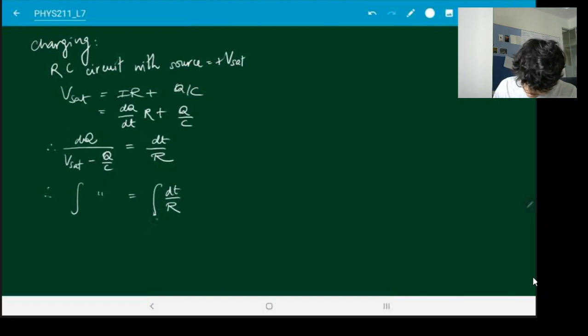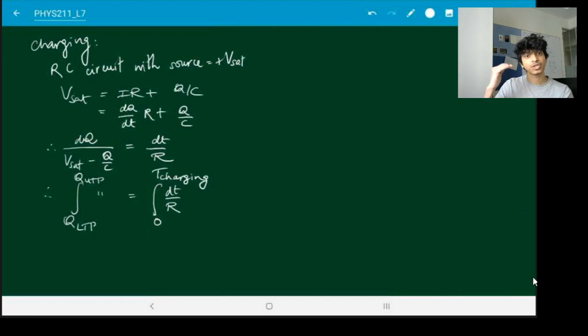So when t goes from 0 to, let's call it t charging, q goes from qLTP to qUTP. I mean, we've been talking in terms of the voltage at which the tripping happens. But for the capacitor, if you just divide that by C, then you will get the charge level at which this tripping happens.